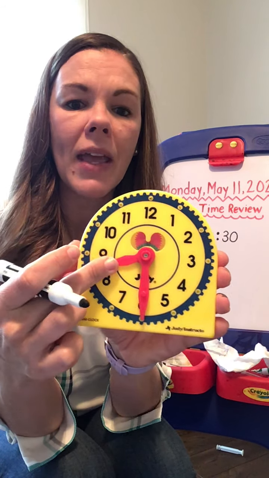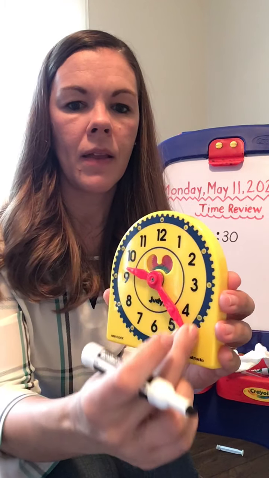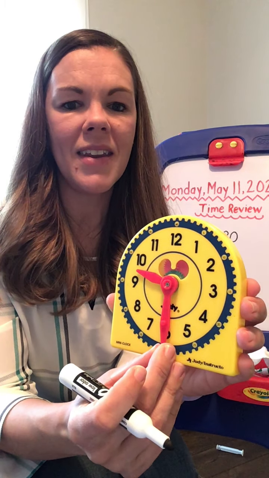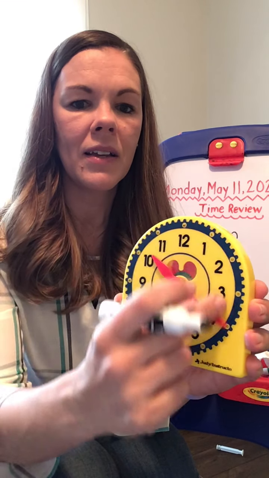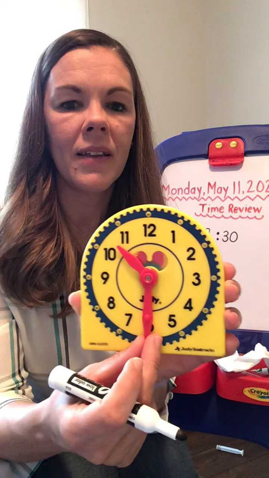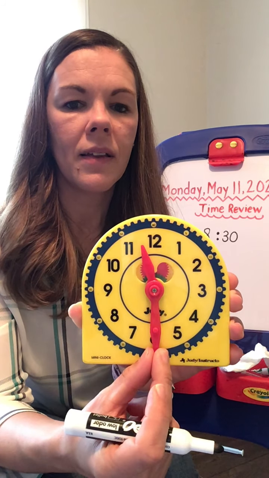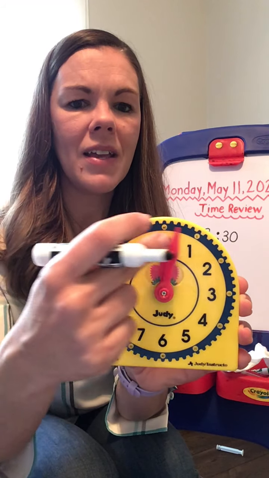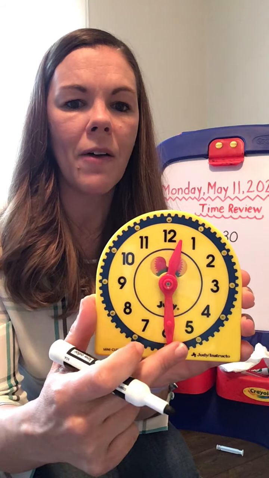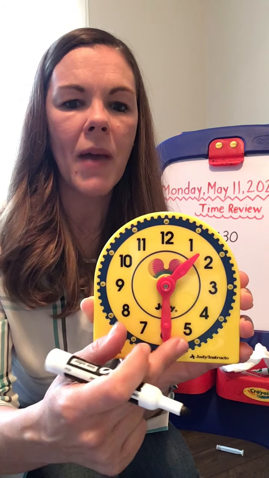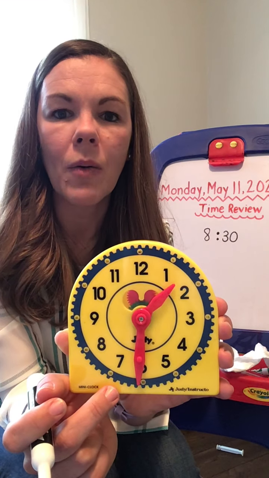If it keeps going, then it's past the 9, 9:30, 10:30, 11:30. It just passed the 12, 12:30. It just passed the 1, 1:30, and so on, and it would keep going.